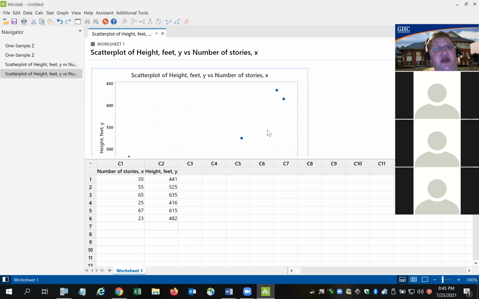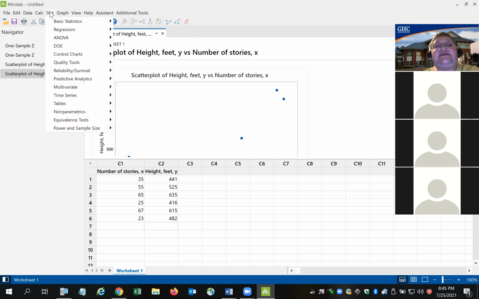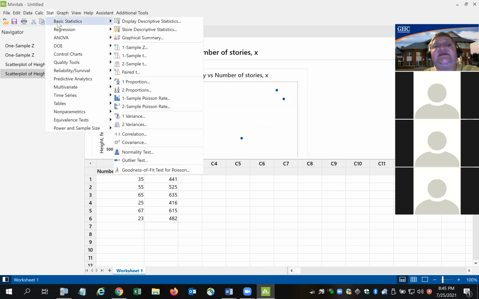Now, moving on, I need to calculate the linear correlation coefficient. And there's several ways to do this. And I know some of you were struggling with it, especially in terms of the R and the R squared. So I'm going to show you maybe what's an easier way than what you've been doing. Okay. We go to Stat, Basic Statistics, Correlation.